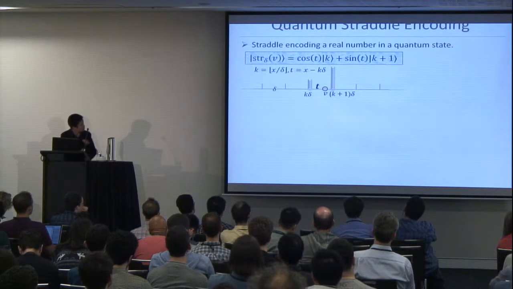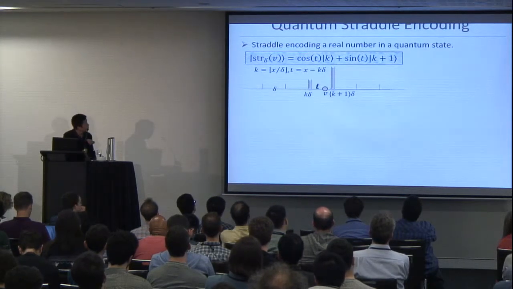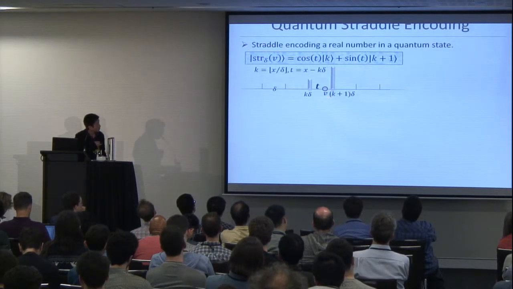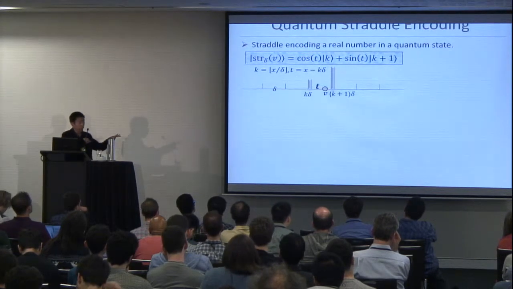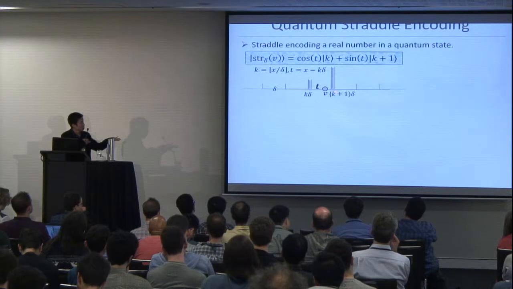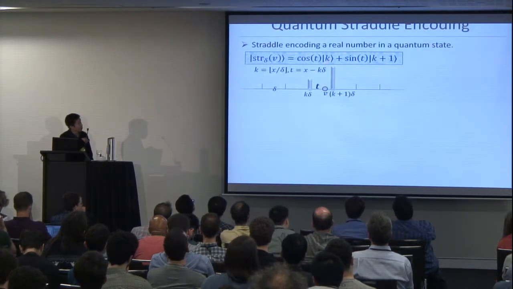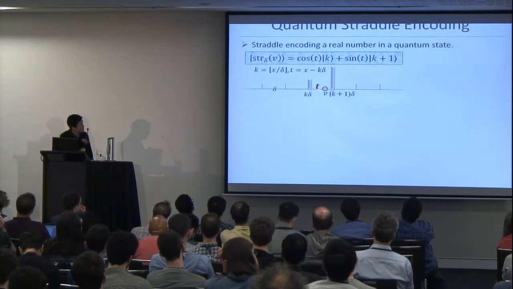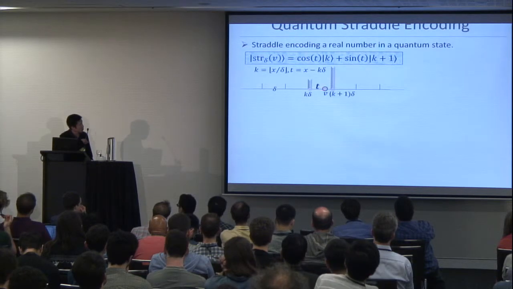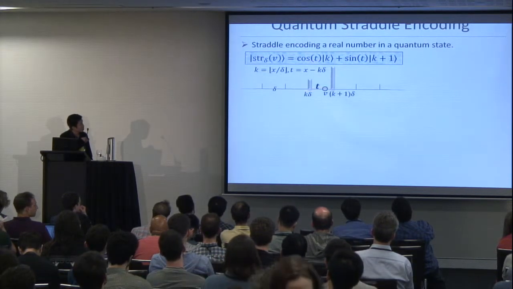So let me start from encoding a real number. Suppose we have a real number v, and we pick a grid of size delta, and suppose v falls between the kth and (k+1)th grid points. We encode this information by taking a superposition over k and k+1. And then for the finer position, namely the distance to the left end point, we encode that into the amplitudes.